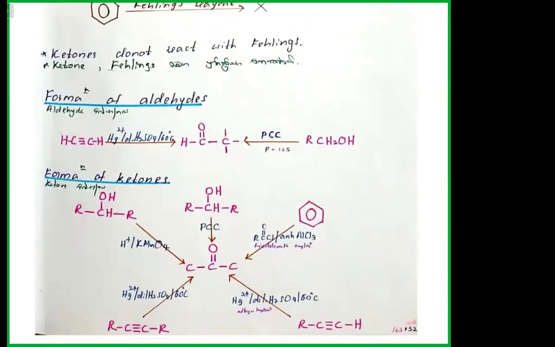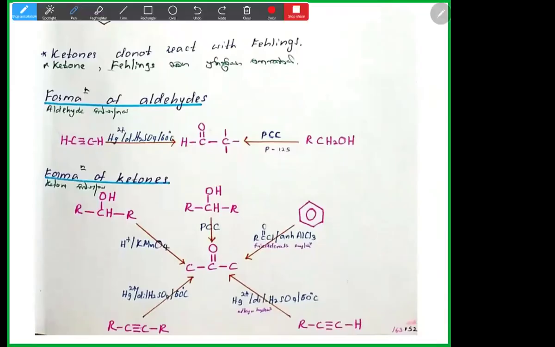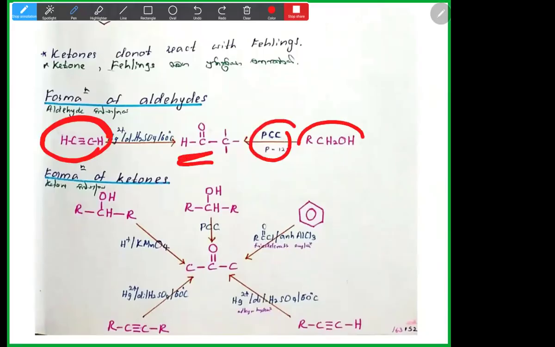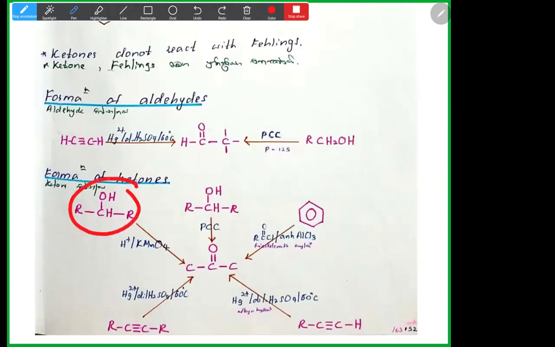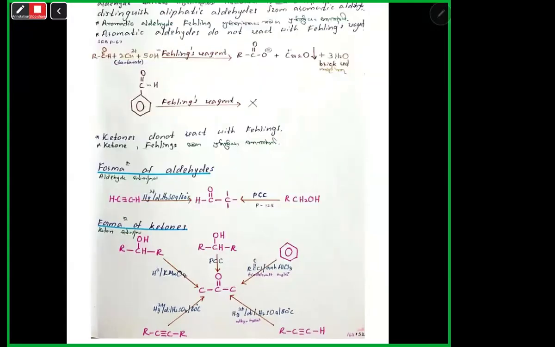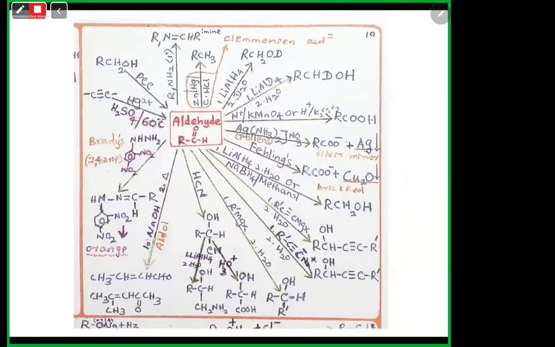Then formation of aldehydes, there are a few methods, but you can go with just these: alkyne hydration to aldehyde, or PCC with any primary alcohol to aldehyde. Ketones are easier. Any of these secondary alcohols oxidize to give ketone, and there is Friedel-Crafts acylation, and also with triple bonds, hydration gives ketones.